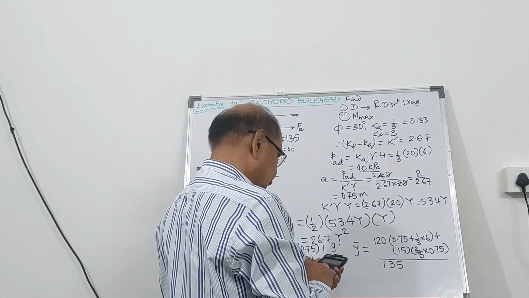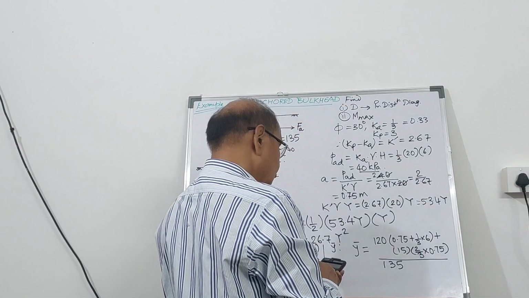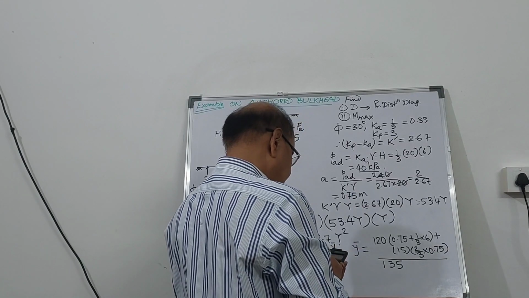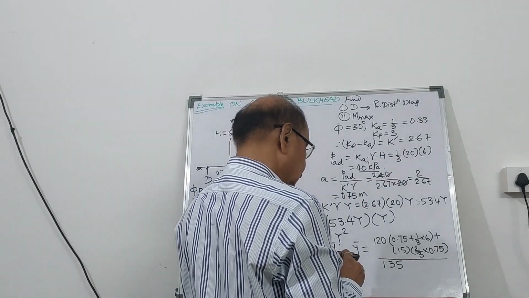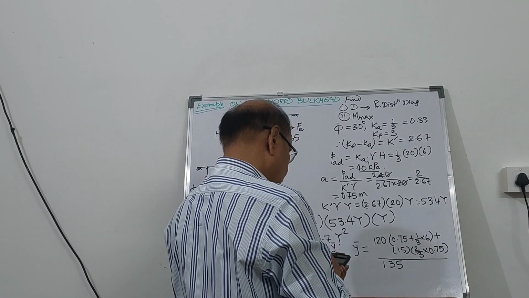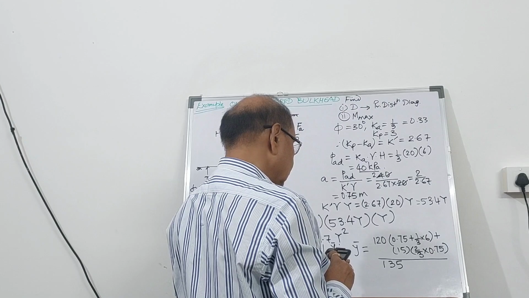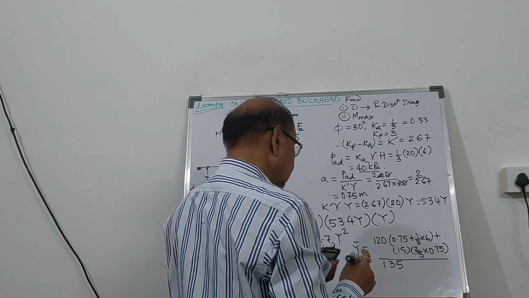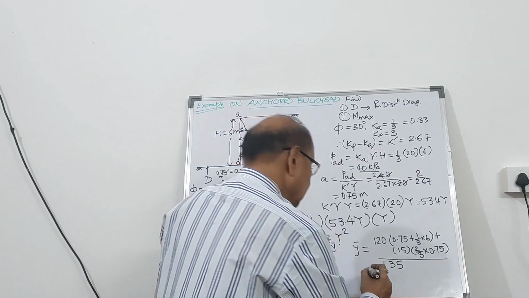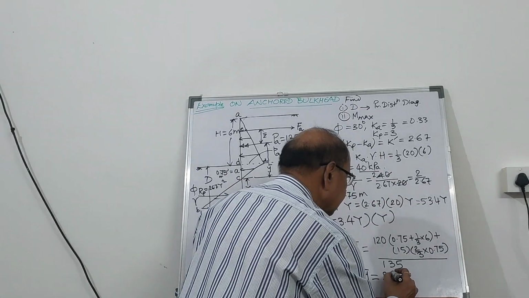So 120 multiplied by 2.75 plus 15 into 2/3 of A. This y bar therefore comes out to be 2.5 meters.